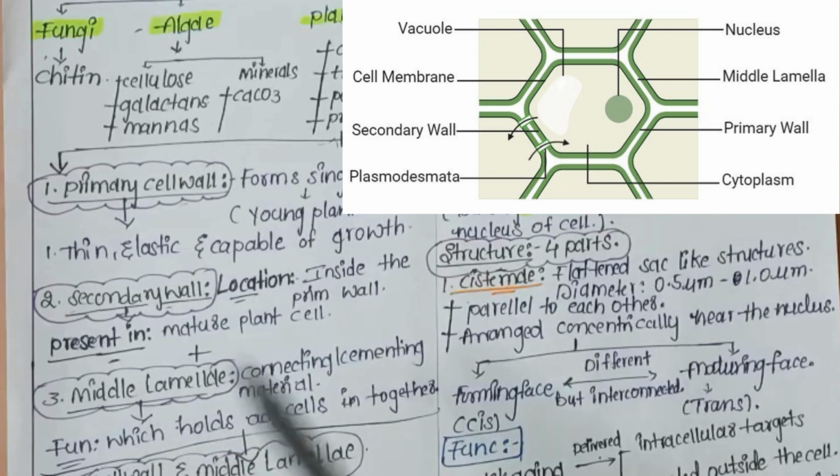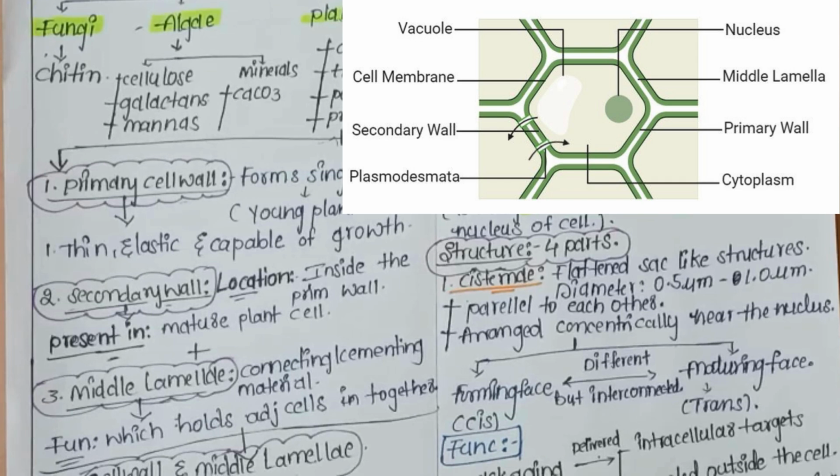Here, the cell wall and middle lamella are traversed by plasmodesmata, which extend across the cell wall and middle lamella and connect the cytoplasm of neighboring cells, and this allows transport of water and nutrients, and provides cell to cell communication between the plant tissues.